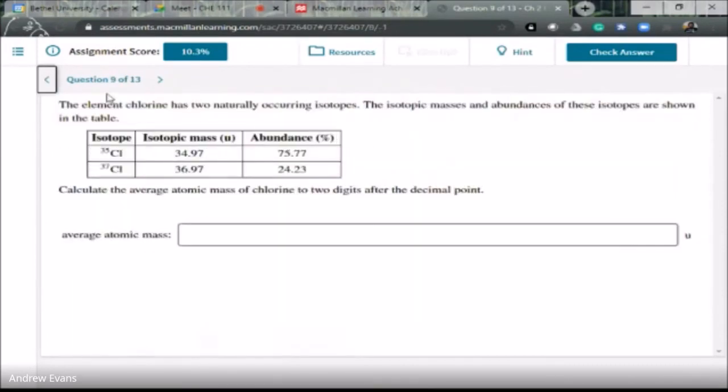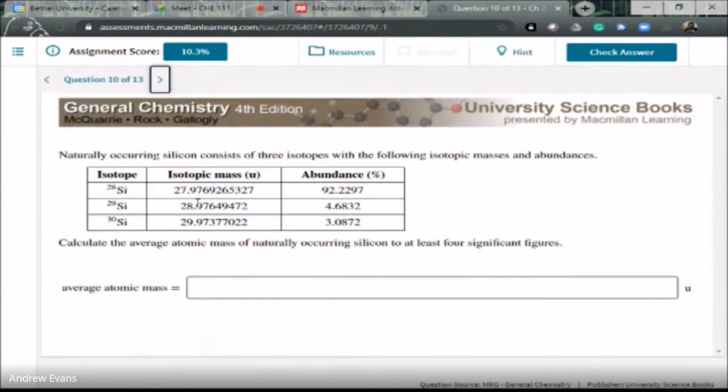So real quick here, we'll do the silicon. So we're trying to find what's the average atomic mass. Basically, all you have to do in this type of situation is turn your abundance into a percent. So instead of 92.2, you say 0.922. You multiply each number across.